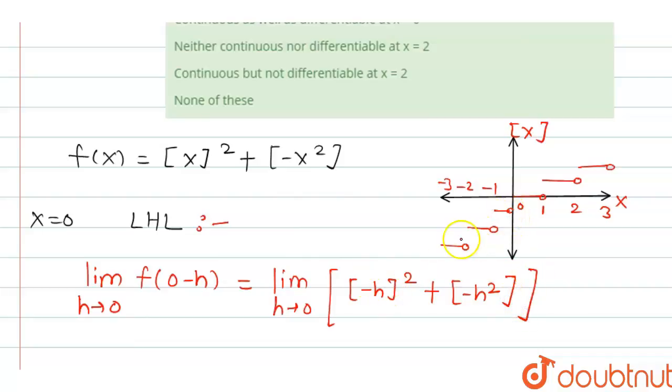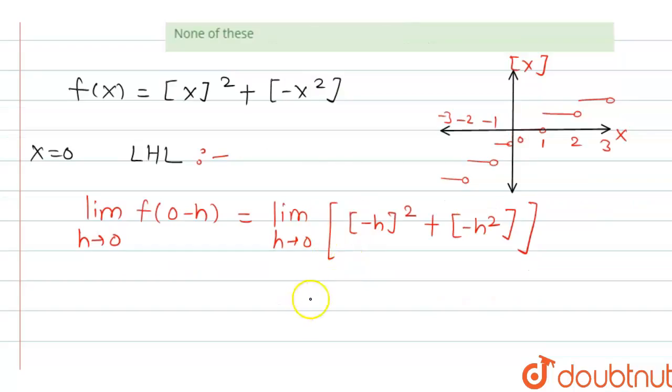As we know, 0 minus h is a little bit less than 0, and whenever this is a little bit less than 0, the greatest integer function of minus h equals minus 1. So this is minus 1 and minus 1 square, plus minus of h square.